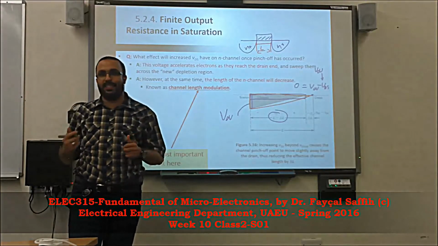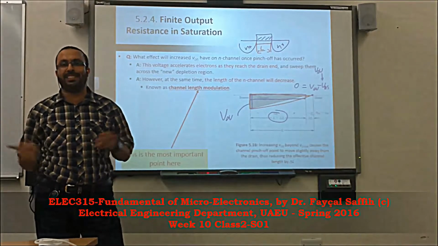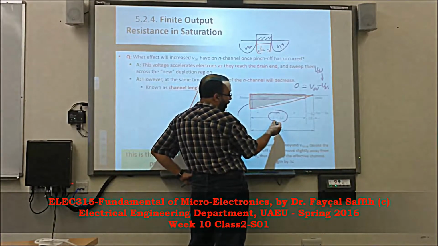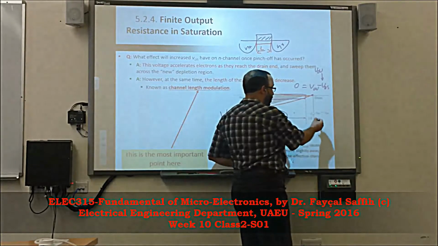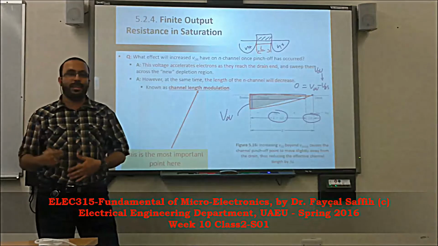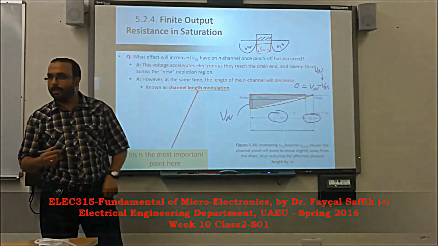Now, as we increase VDS above the overdrive, the channel is actually shrinking. So the new L is L minus delta L, and delta L is this distance where my channel has left the drain. Got it? Good.